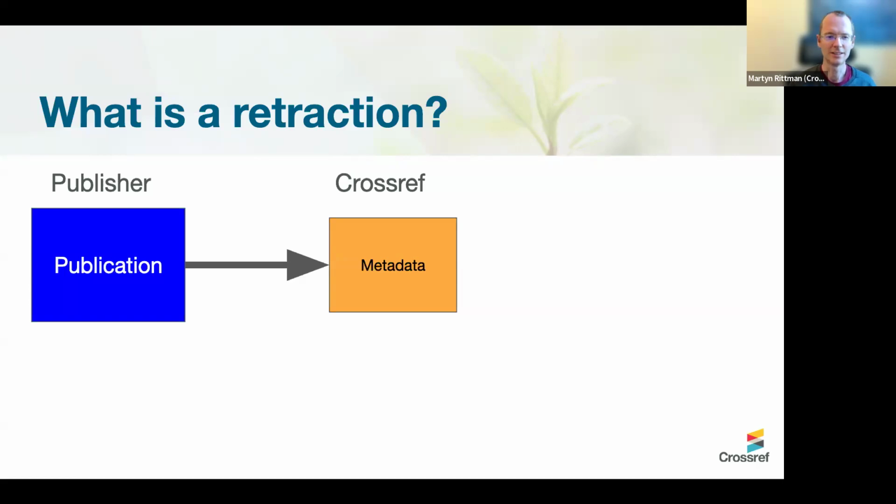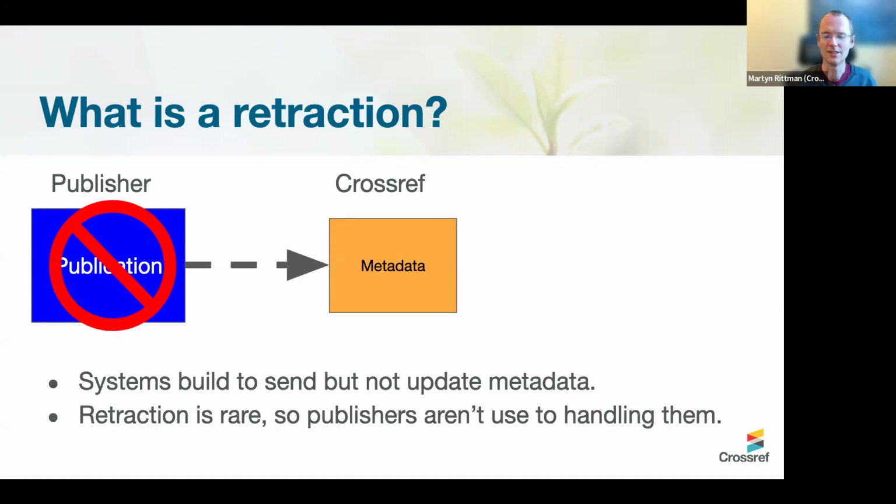What happens, thankfully in very rare cases, is that the publication is for whatever reason removed from the scholarly record, and there are various reasons for that. That's not really the topic of this webinar, but things are retracted. Essentially, they're removed from the scholarly record, and that's typically done with the publication of a retraction notice.